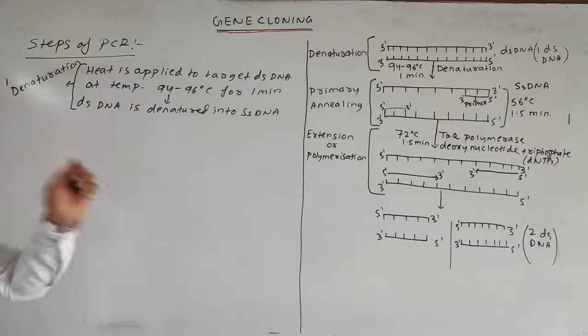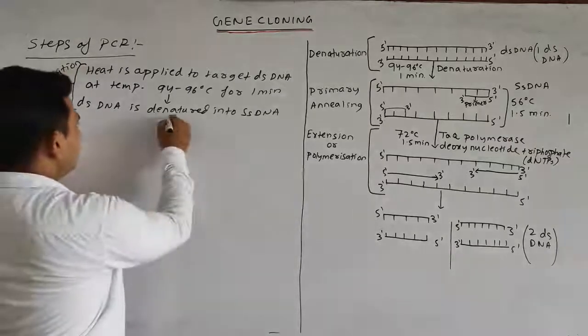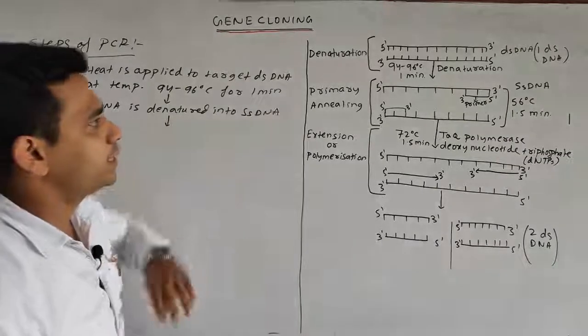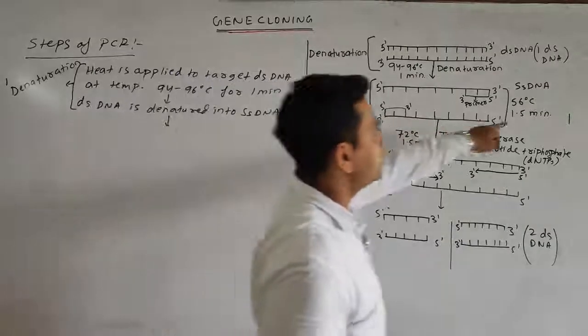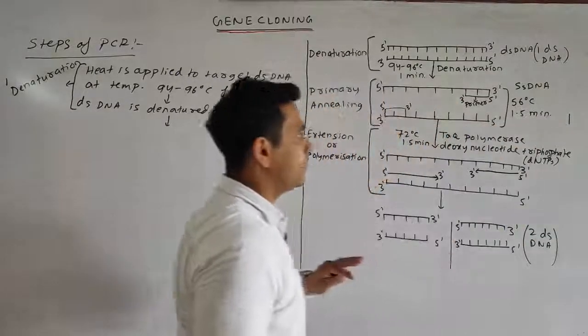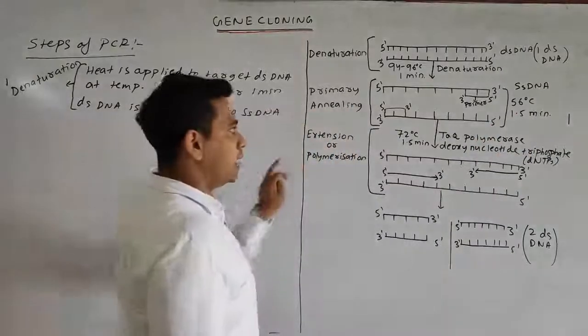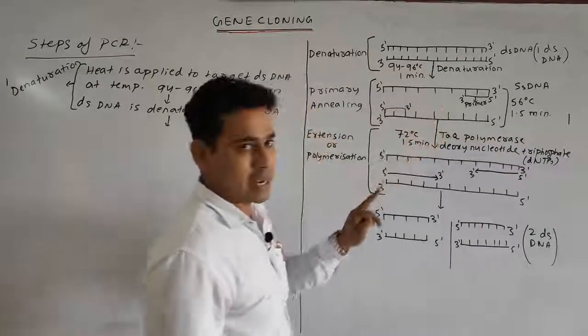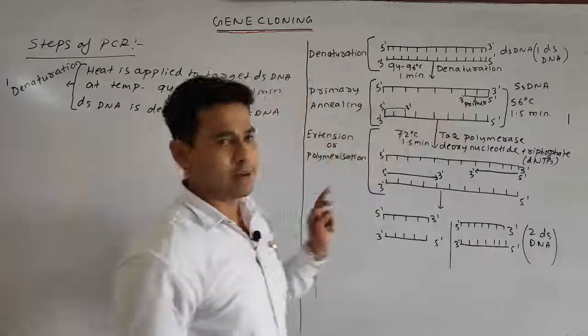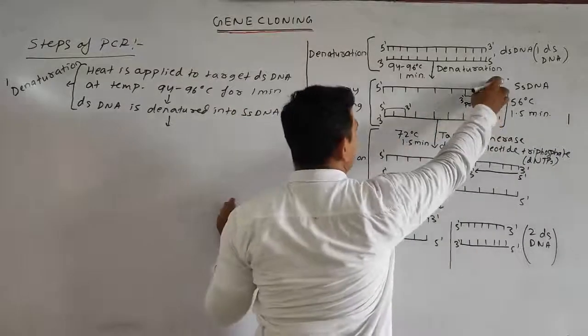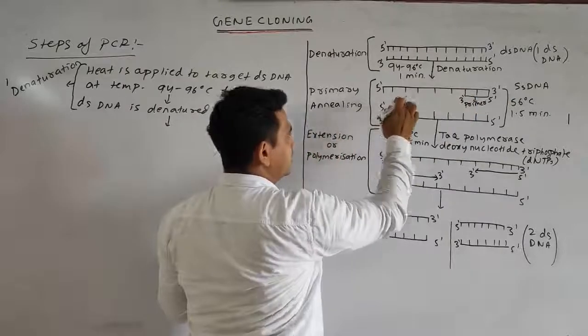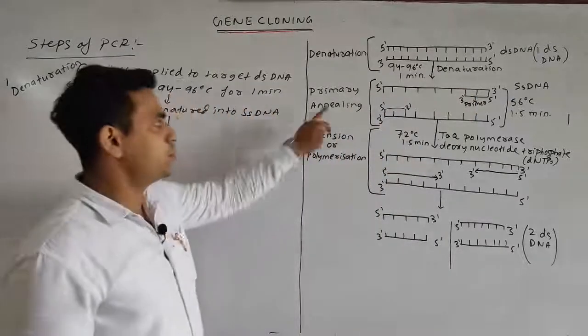Denaturation. Next, in the single stranded DNA, the temperature is lowered to 56 degrees centigrade for 1.5 minutes, and two primers are attached on the 3' end. Here a primer is attached on the 3' end, and here a primer is attached at the 3' end. This step is known as primer annealing.